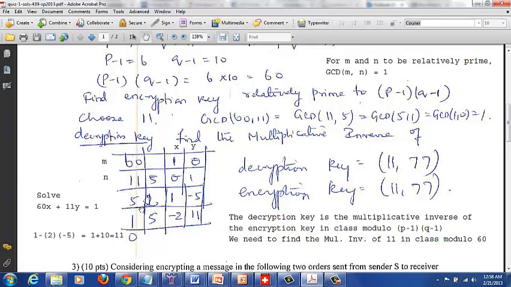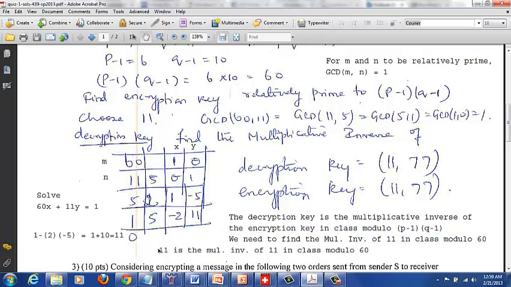So we got 11. 5 divided by 1, the quotient is 5, the remainder is 0. So we got this 11 over here. This 11, the value of y, is the multiplicative inverse of 11 in the class modulo 60.